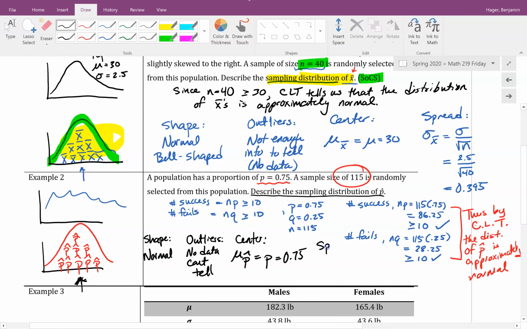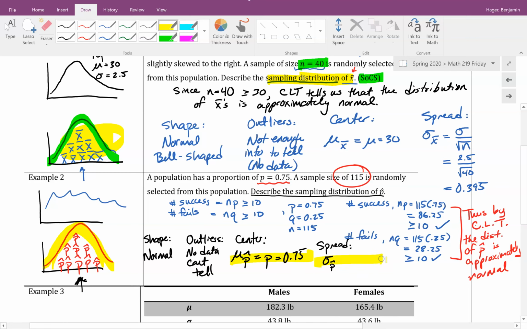And then spread. If I want to talk about the standard deviation of all those sample proportions, it's really important to know, because if you want to analyze this, knowing it's bell-shaped isn't enough. You have to know where the middle is and how spread out it is.